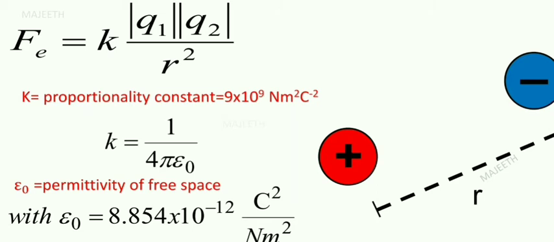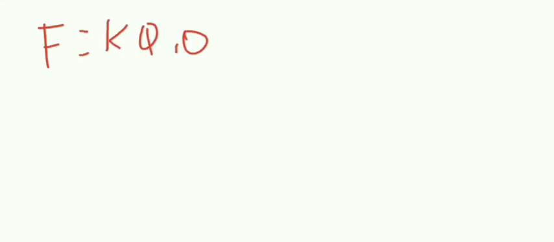The unit is very, very important. It is Newton meter square into C power minus 2. You may feel it is tough, but it is not tough. It is very, very easy. Let me explain how to find the unit. We know that F is equal to K into Q1 Q2 by r square.